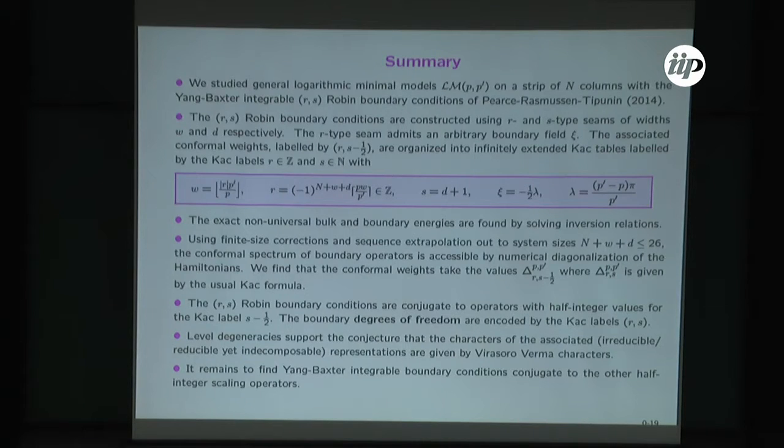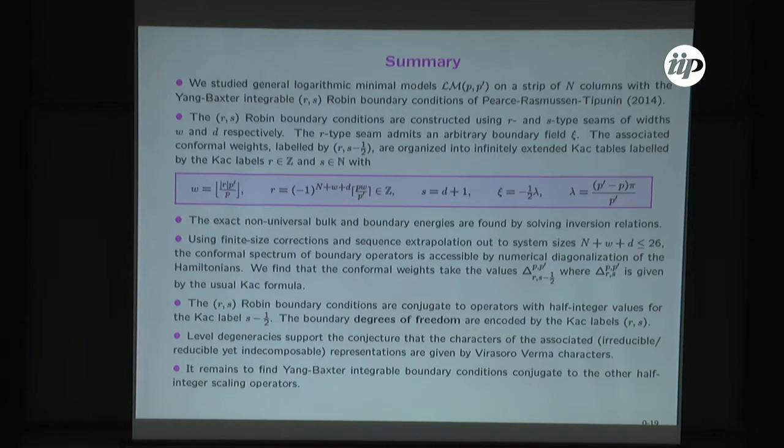So let me summarize. What have we seen? We studied general logarithmic minimal models on a strip of n columns with Yang-Baxter integrable Robin boundary conditions. The boundary conditions were actually introduced in the earlier paper on critical dense polymers in 2014. The RS Robin boundary conditions are constructed using R and S type seams.